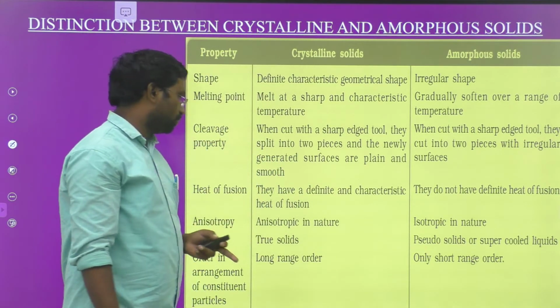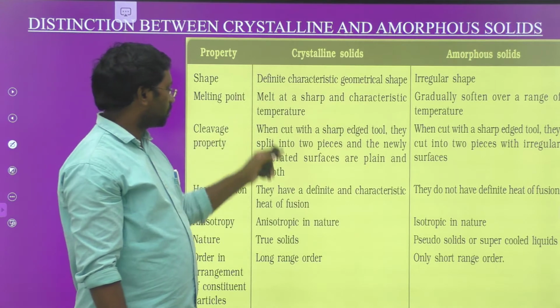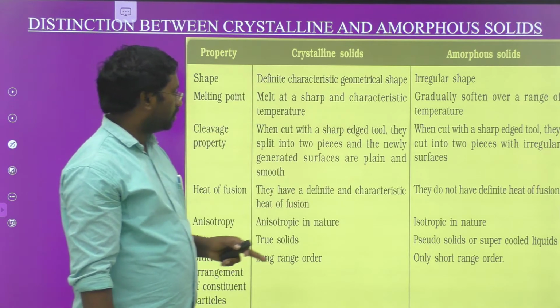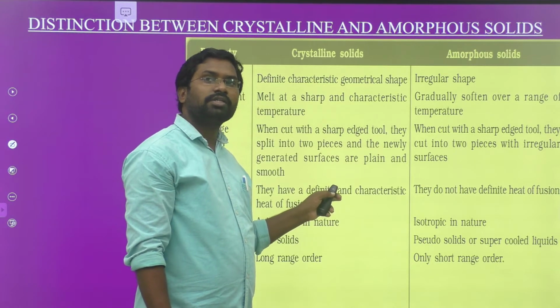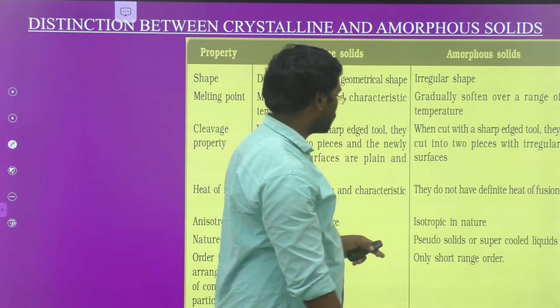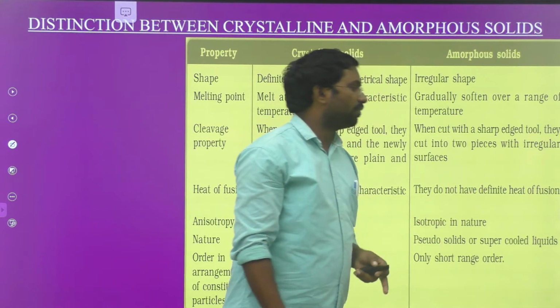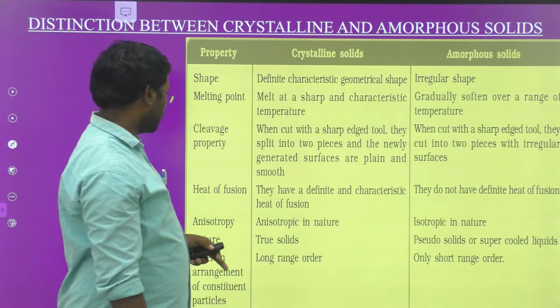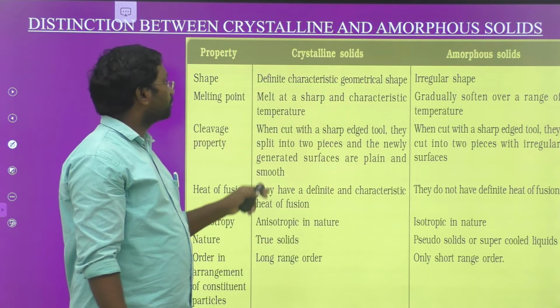Next one, heat of fusion. Crystalline solids have a definite and characteristic heat of fusion because of the arrangement of the particles. Amorphous solids do not have any definite heat of fusion. Next property, anisotropy.